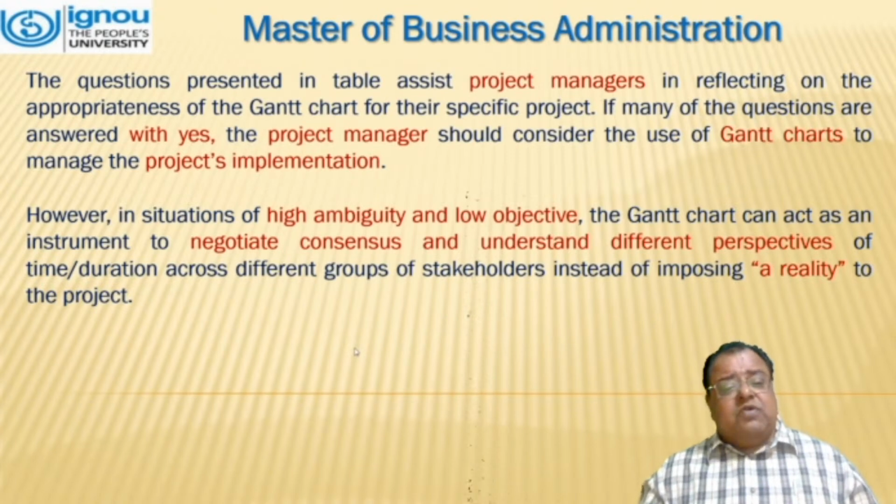However, in situations of high ambiguity and low objectives, a Gantt chart can act as an instrument to negotiate consensus and understand different perspectives of the time duration across different groups of stakeholders instead of imposing a reality on the project.